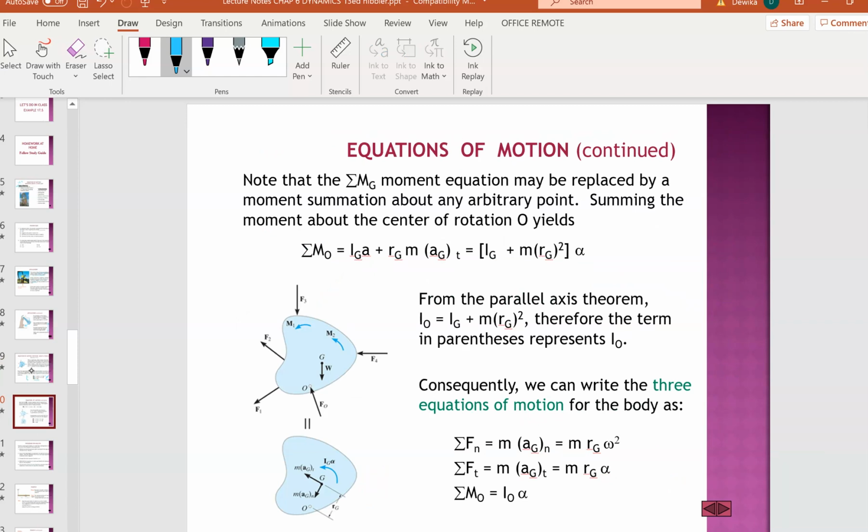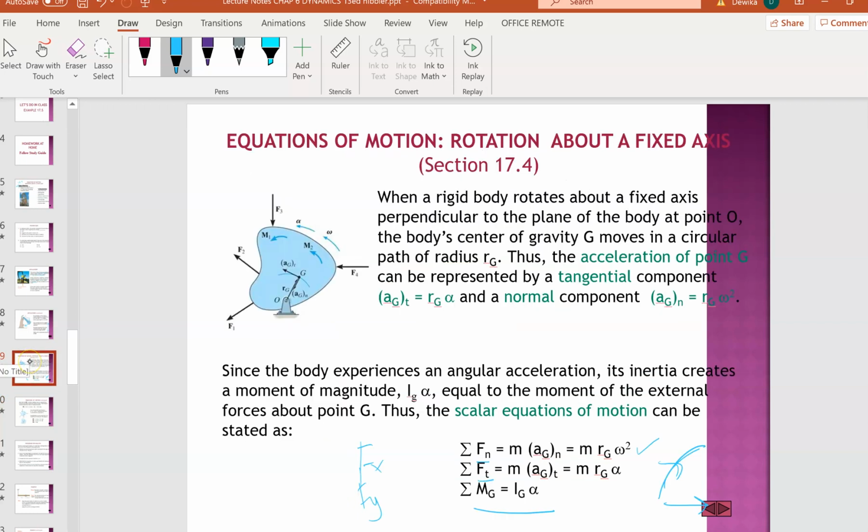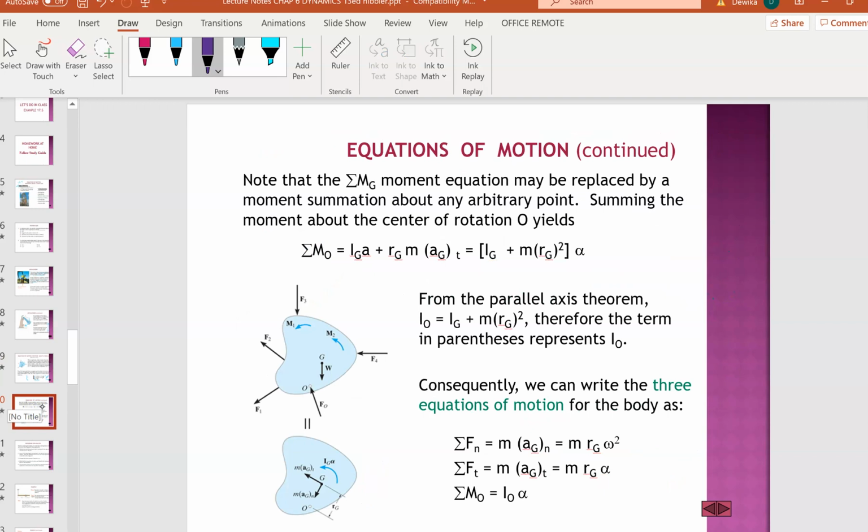What about if the whole thing is at point G, the mass center? It need not be at point G all the time. Sometimes it can be point O. So what does it mean if it's point O? You have to apply the parallel axis theorem. Remember, earlier we did that?